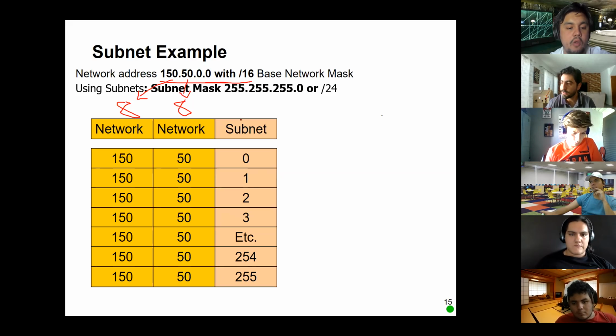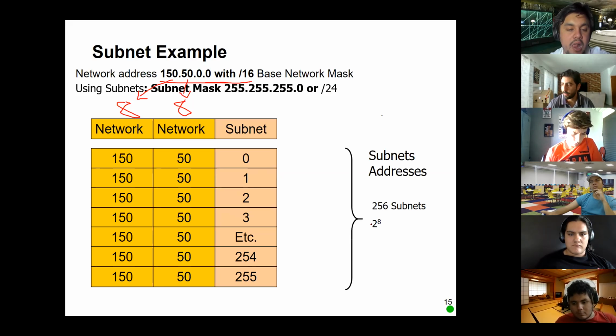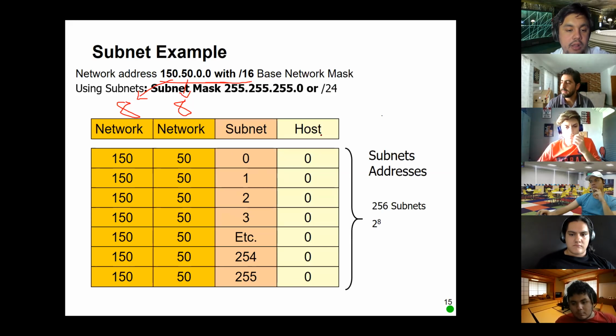So we can now have this number of subnets because this is part of our subnet, and we are using this prefix. Then we have 2 to the power of 8 subnets. And then we have the host section too, so we have 8 bits as the host section now.